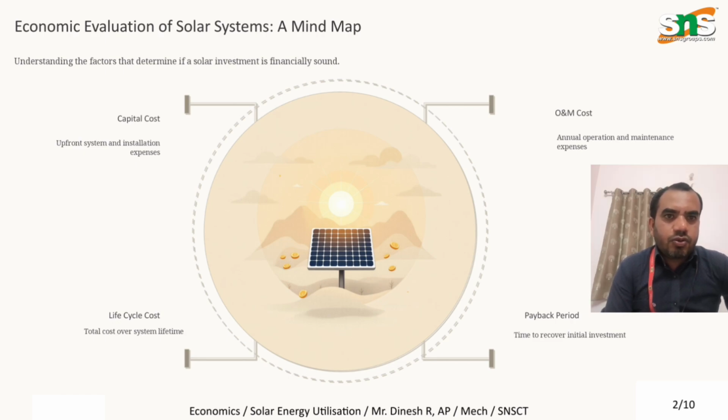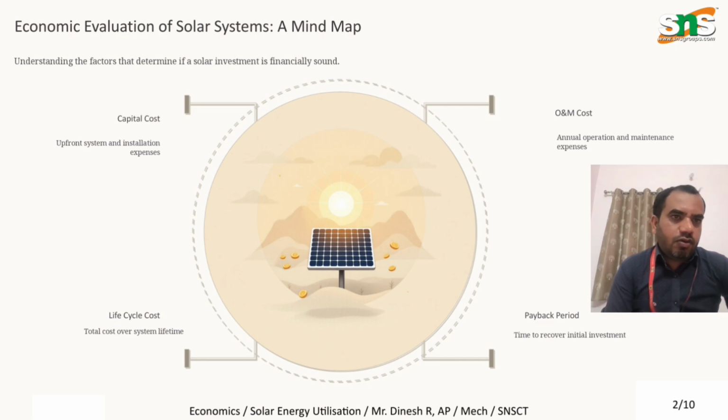It's categorized into four: one is capital cost, next is life cycle cost, then payback period, which is followed by O&M cost. These are the four things that are very important when it comes to economic evaluation of solar system.